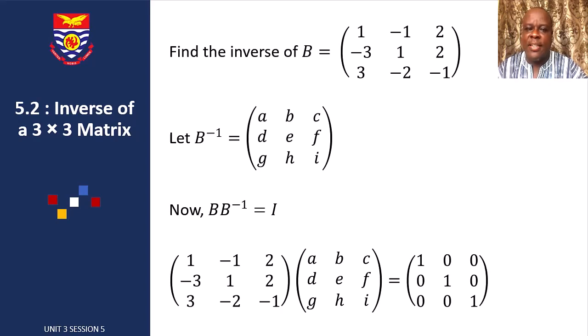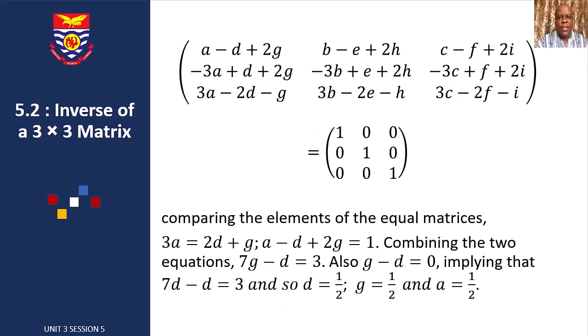And since this is a 3 by 3, its identity matrix will be [1, 0, 0; 0, 1, 0; 0, 0, 1].